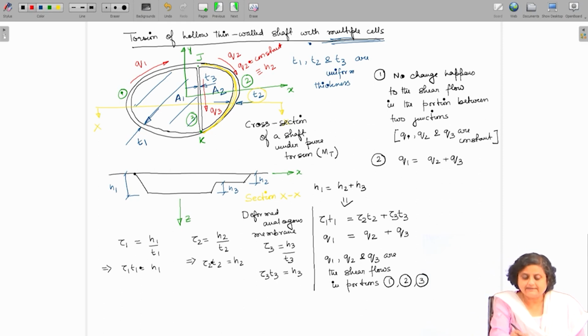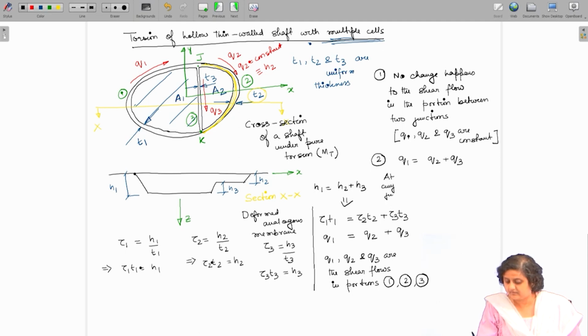It means that the input shear flow at any junction is equal to the output shear flow.